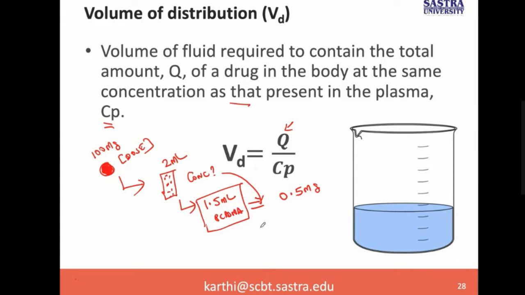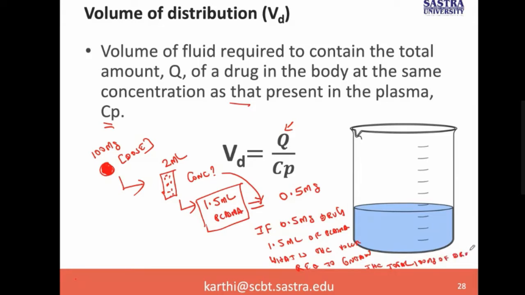If 0.5 mg of drug is present in 1.5 ml of plasma, what is the volume required to contain the total 100 mg of the drug molecule?